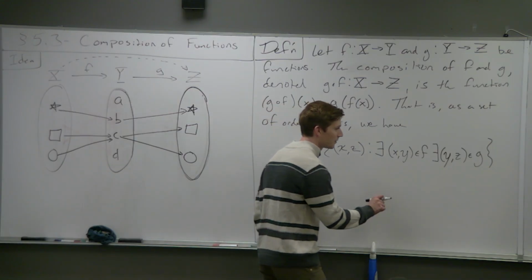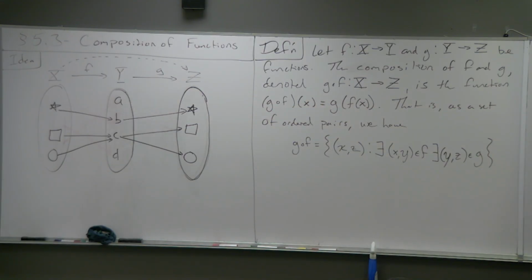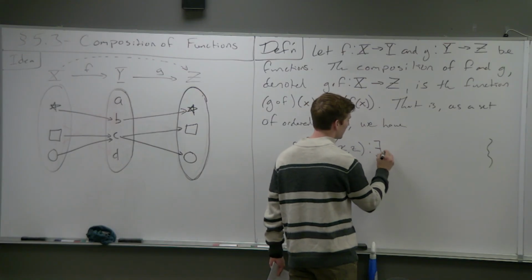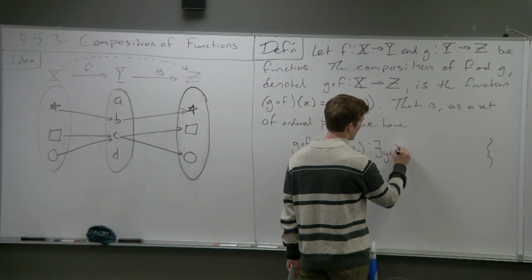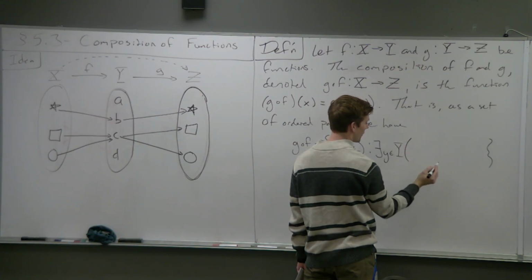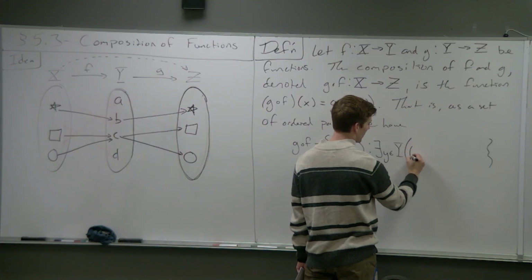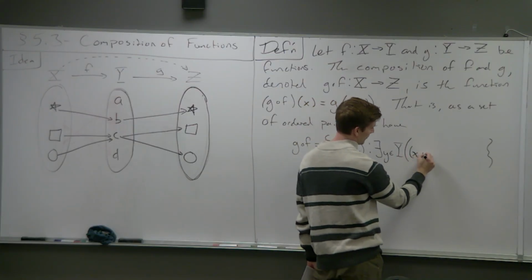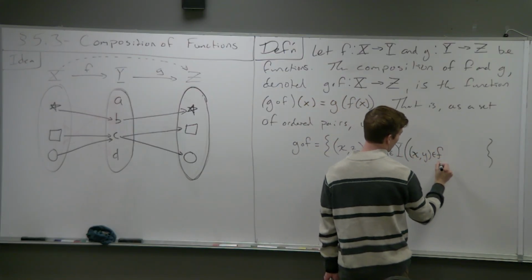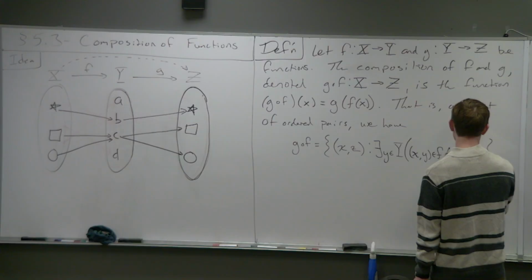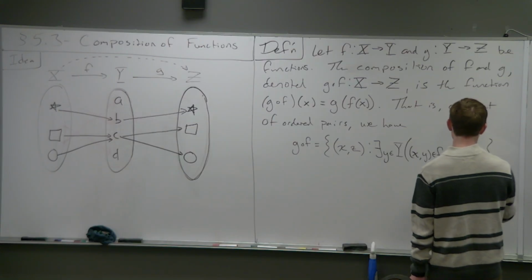Even better, perhaps, if you like this way of writing it more, since that perhaps looks strange, let's write it like this. There exists little y in big Y, in the hidden middle part, such that the following predicate is true: (x, y) is in f, and (y, z) is in g.